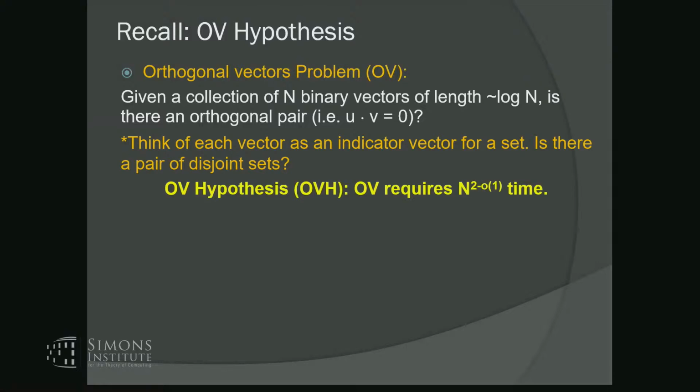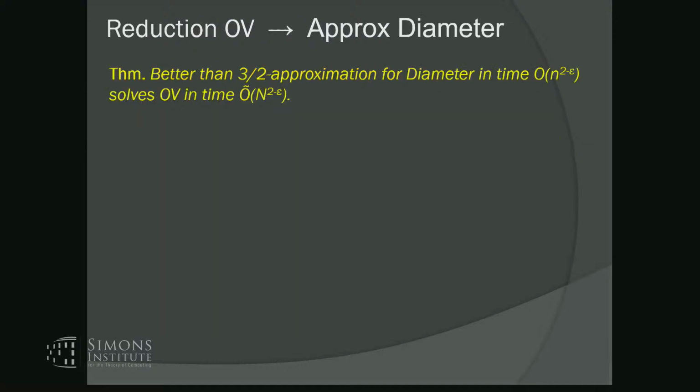Okay, so the OV hypothesis again is that OV requires quadratic time, where n here is the number of vectors. You already saw also that the strong exponential time hypothesis implies OV, so any reductions we can get from OV also follow from the strong exponential time hypothesis. Now I'll show you the reduction.